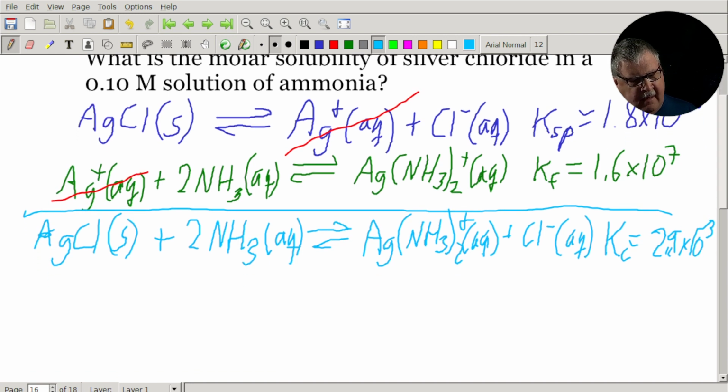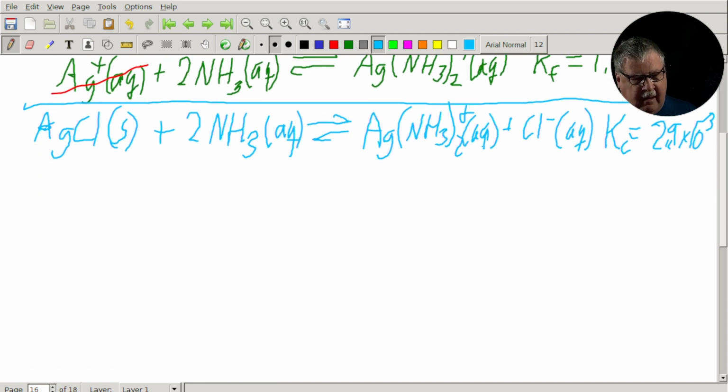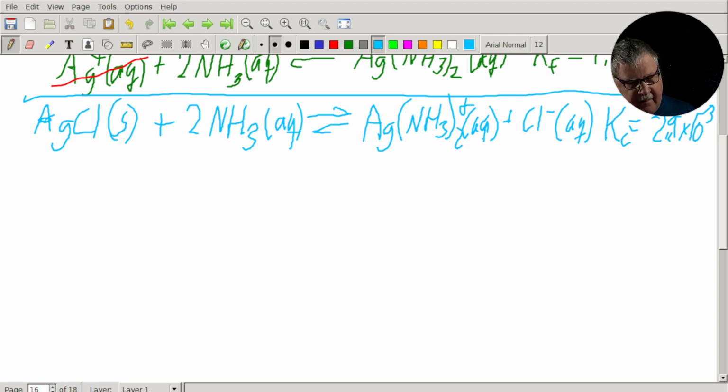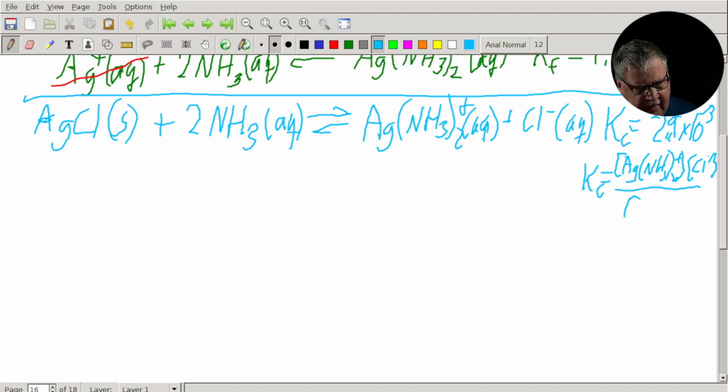So let's set this up. Here's what we also know about this equilibrium constant. It's equal to the equilibrium concentration of the complex times the equilibrium concentration of chloride ion divided by the equilibrium concentration of ammonia squared.